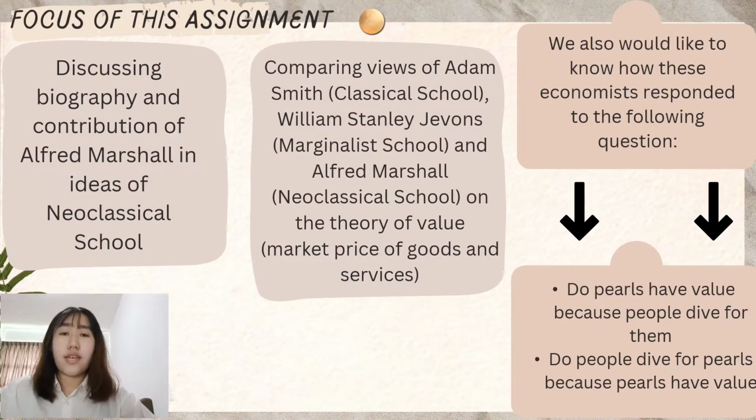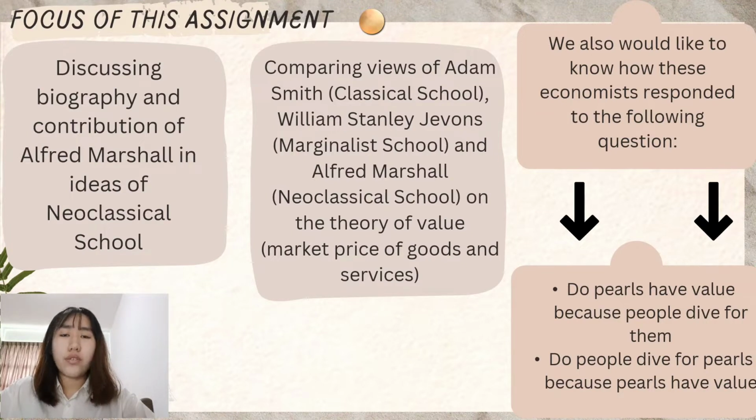For this assignment, we separate into 2 parts. The first part discusses the biography and contribution of Alfred Marshall in developing the ideas of the Neoclassical school. The second part compares the views of Adam Smith's Classical School, William Stanley Jevons' Marginalist School, and Alfred Marshall's Neoclassical School on the theory of value.